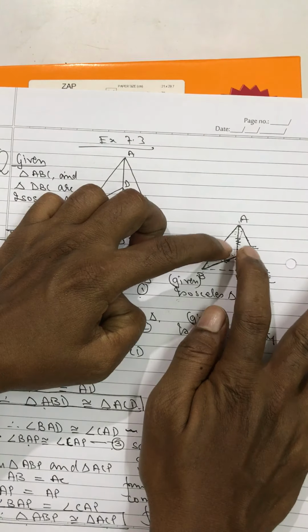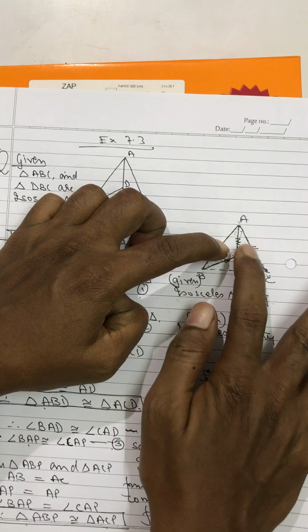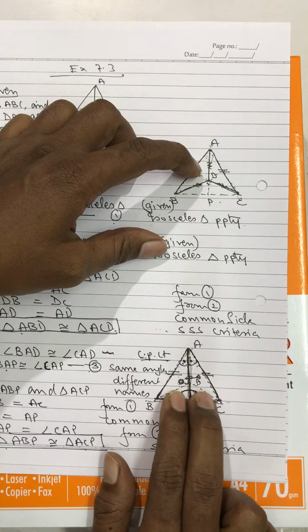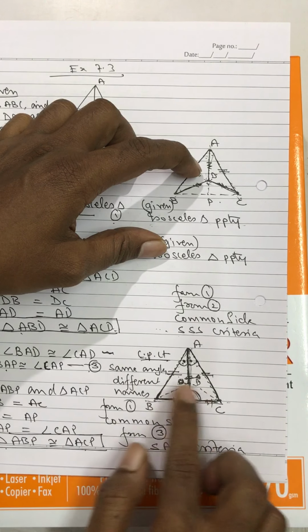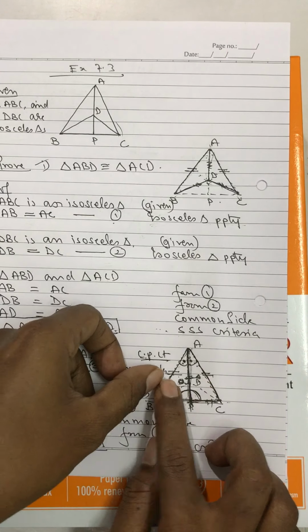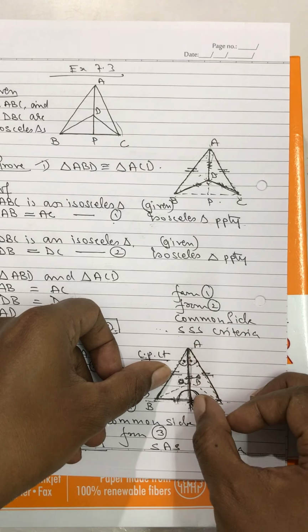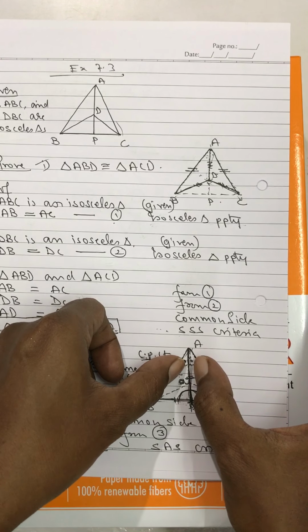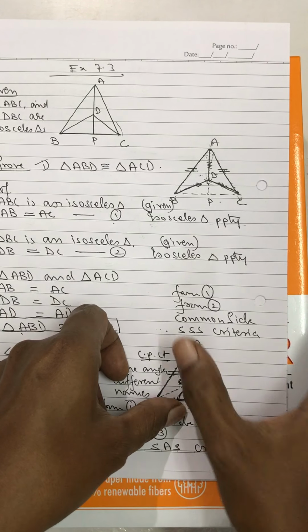Once you prove these two triangles are congruent, now you have to check what will be needed. Next, these two triangles ABP and ACP are to be proved congruent. For that again you will have AB is equal to AC and AD is a common side, nothing more than that. So you will require to prove that these two angles BAP and CAP are congruent.